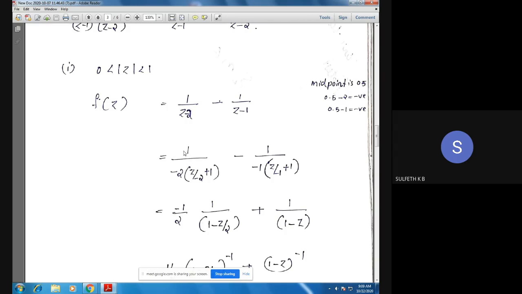Therefore, we have to change the term to positive. To change this value to positive, we will put the minus 2 outside.